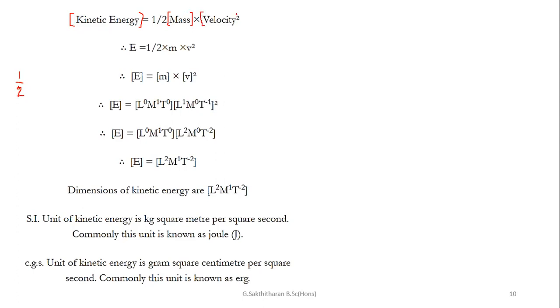So only mass and velocity square have the dimensions. So the dimension of the kinetic energy equals mass into velocity square. The dimension of the velocity is LT minus 1, all squared. So the dimension of the kinetic energy equals ML square T minus 2.